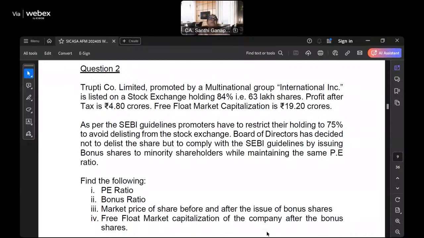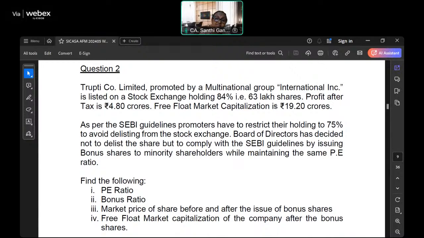So, Tripti company, promoted by a multinational group, is listed on a stock exchange holding 84%. And that 84% represents 63 lakh shares. Profit after tax is given. Free float market capitalization is given.